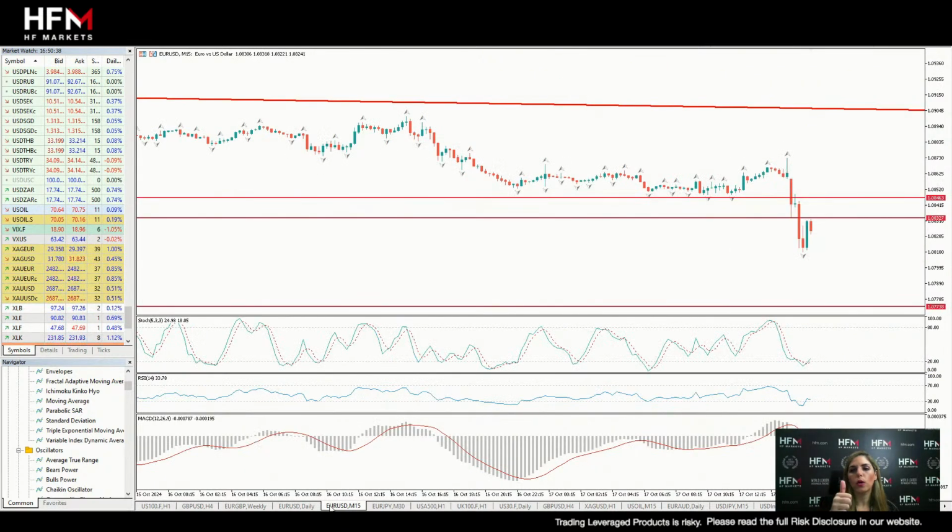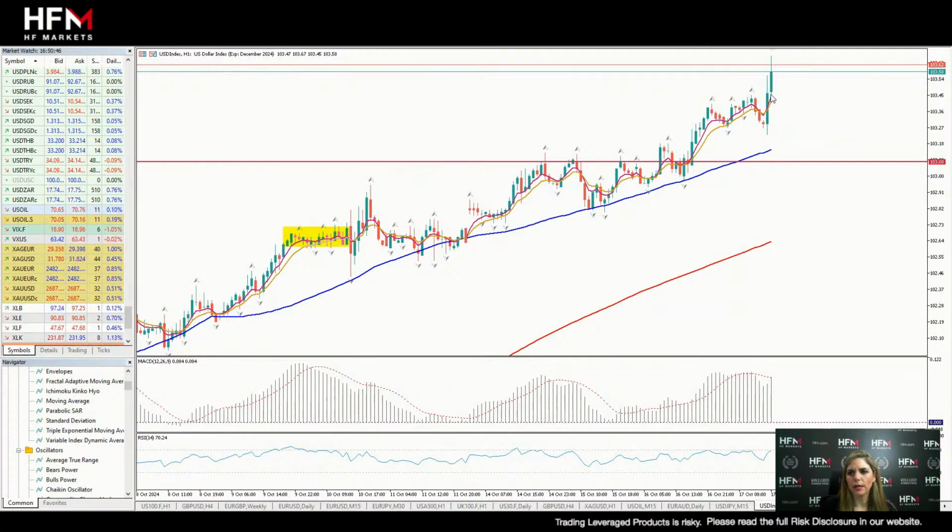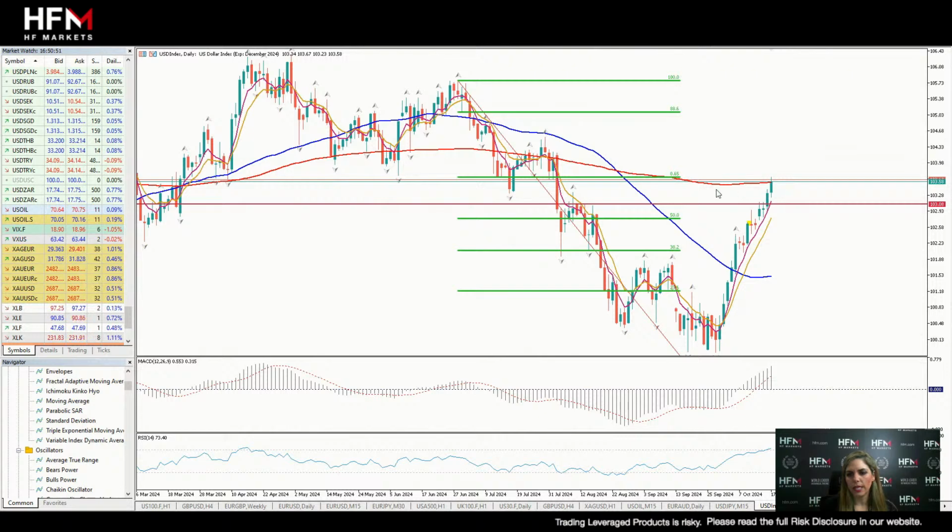So, summary: euro under pressure, dollar found some ground, right? It's back to the 103.60 level, retesting the 200-day moving average. There is a key resistance over here, a key strong ceiling. So we might see a pullback after this rally.